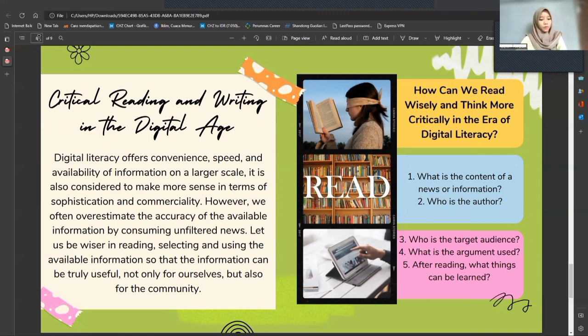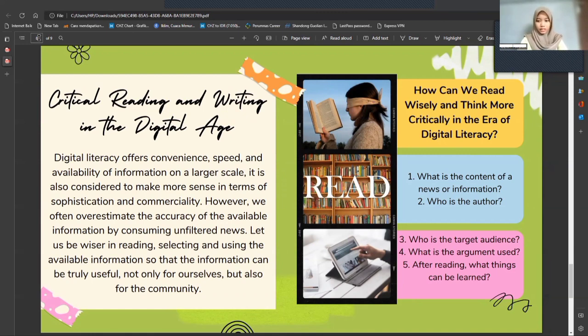If the reader is provoked, it can easily ignite the fire of anger and unwanted actions. Try to read the news with a helicopter view, and try to understand the news from various sides.